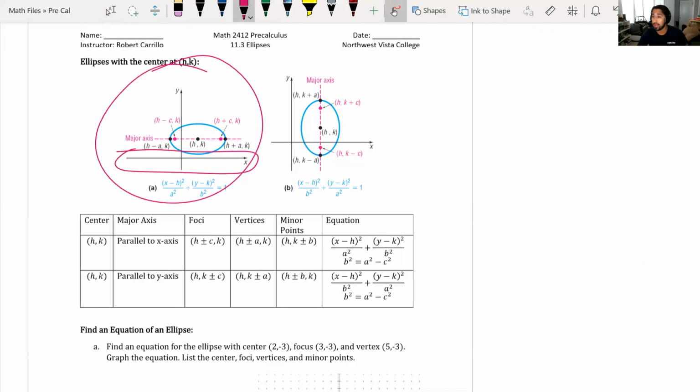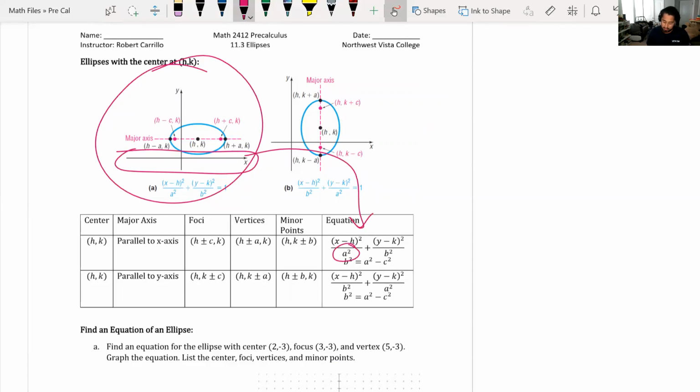So if you know what axis you're parallel to, you know what equation you can use. So if you are parallel to the x-axis, then you will use the first equation here: x minus h squared over a squared plus y minus k squared over b squared. Since it's parallel to the major axis, x will get the bigger denominator.